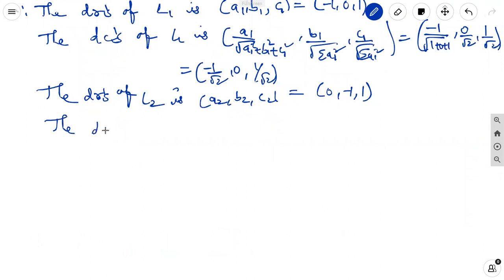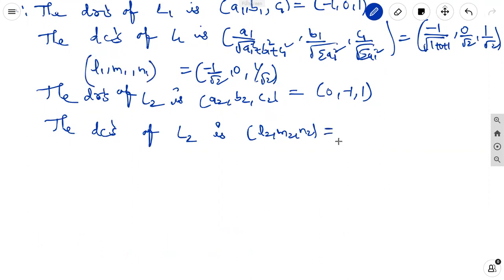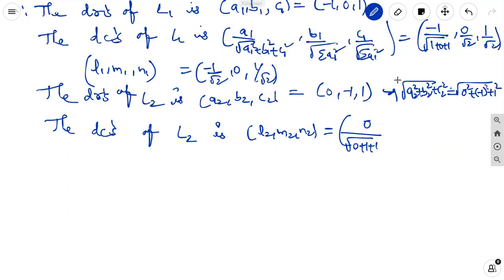So the direction cosines of line 2 are l2, m2, n2 equal to 0 by under root of 0 plus 1 plus 1, because under root of a2 square plus b2 square plus c2 square equals under root of 0 square plus minus 1 whole square plus 1 square.